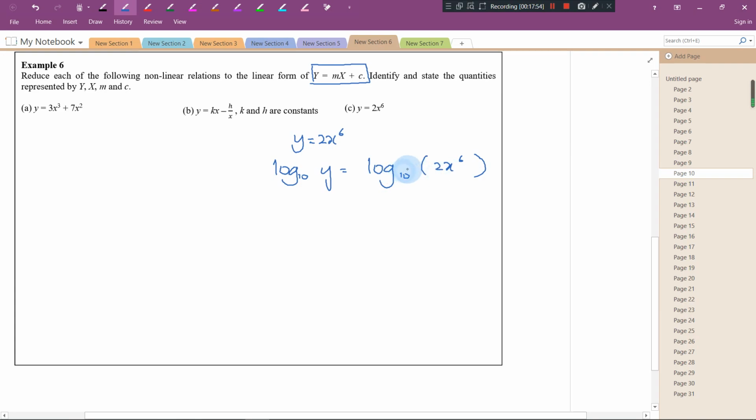Okay, log this whole thing. This part we can break into two parts. I hope that you still remember. Log of 2 plus log of x power 6. And one of the properties of log, we can bring down the power over here. Bring the 6 down here.